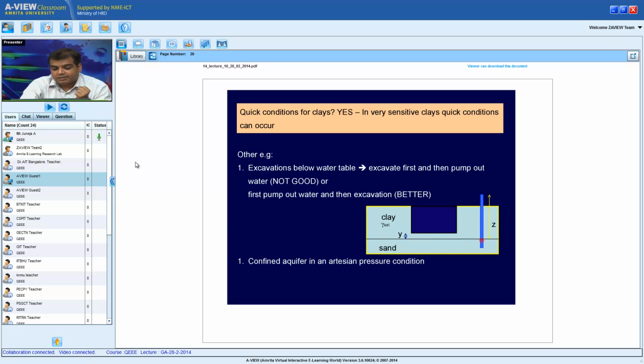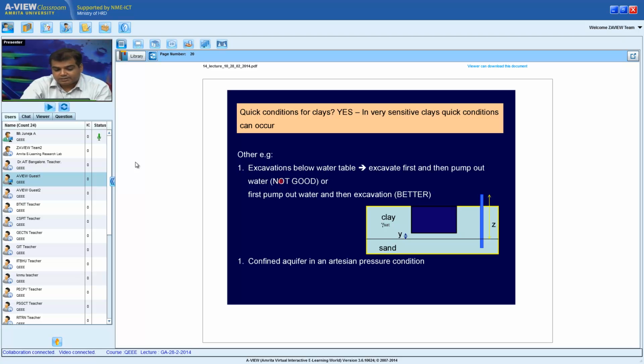This is the boundary of the sand layer and the clay layer. The obvious question is: is it a better idea to draw the water from the ground first and then excavate, or to excavate the ground first and then draw the water out? I have put the cases in English over here.